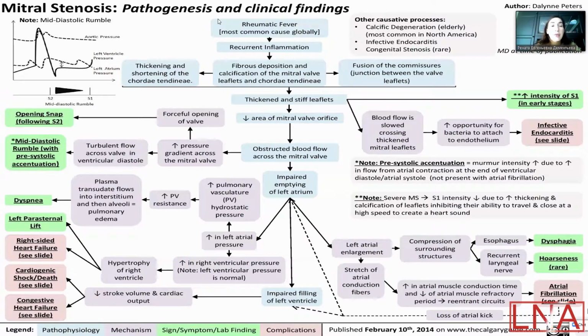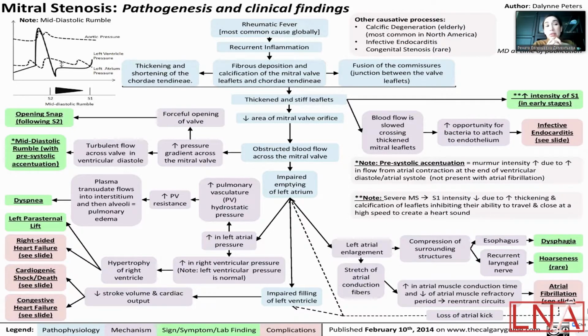Look at the scheme of pathogenesis and some explanation with clinical findings in a patient with mitral stenosis. Rheumatic fever is the most common cause globally, and we discussed that the most important reason for development of mitral stenosis is rheumatic fever.